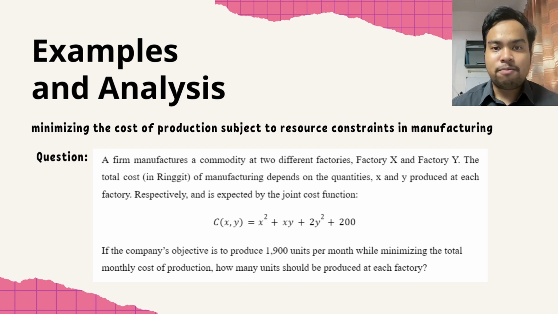If the company's objective is to produce 1,900 units per month while minimizing the total monthly cost of production, how many units should be produced at each factory?